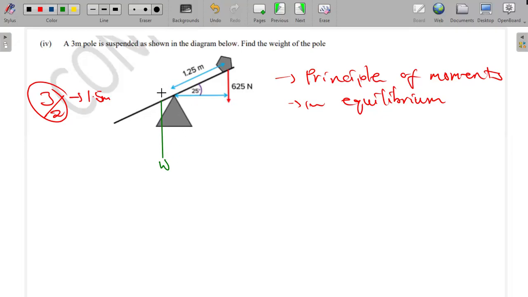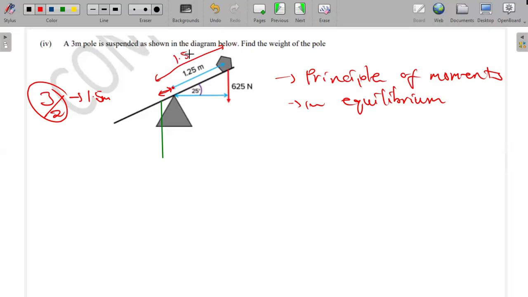There's also a distance from the pivot to where the center of mass of the pole is. And what will be this distance? We have 1.5 meters from this point up to the end of this pole.